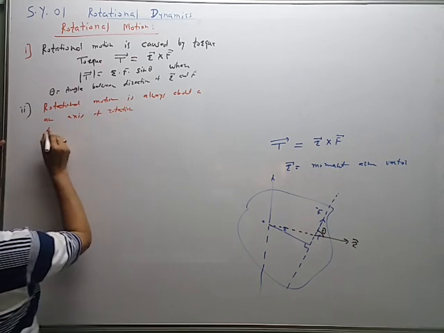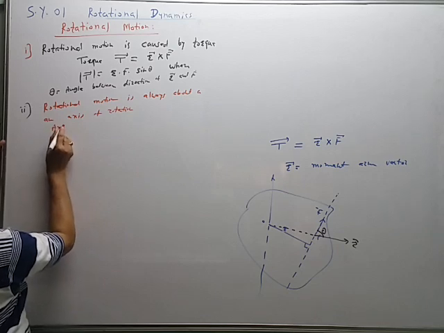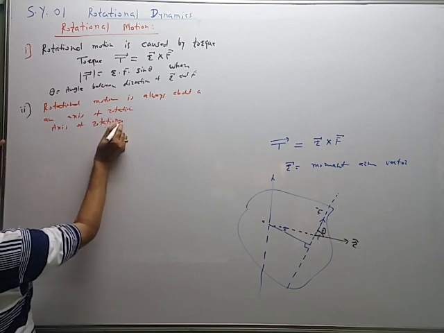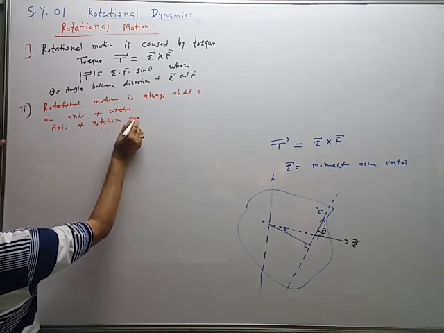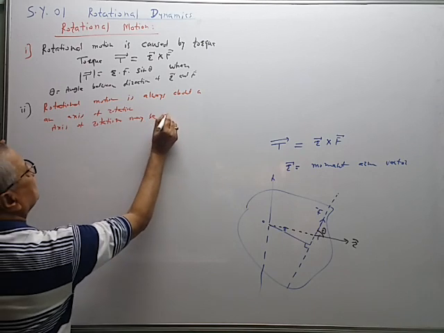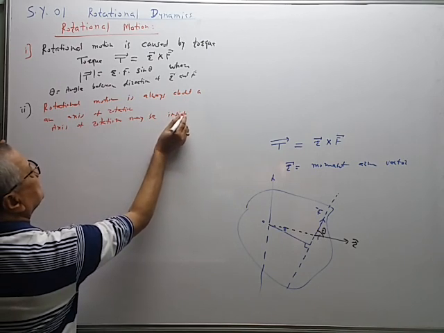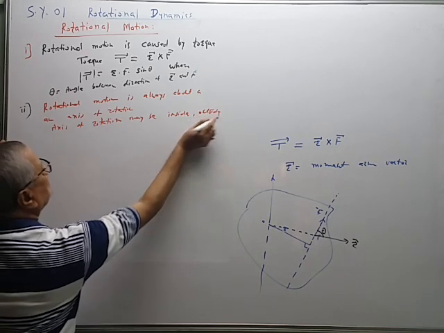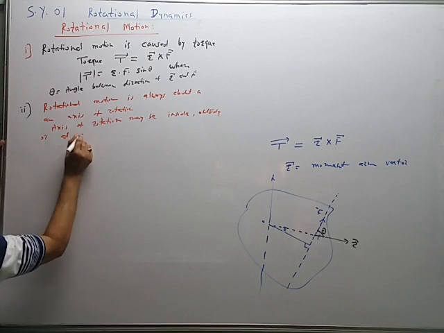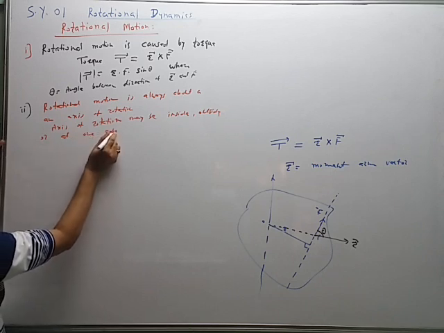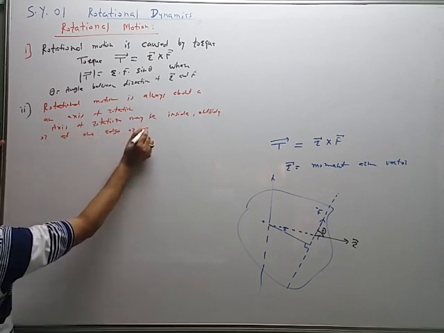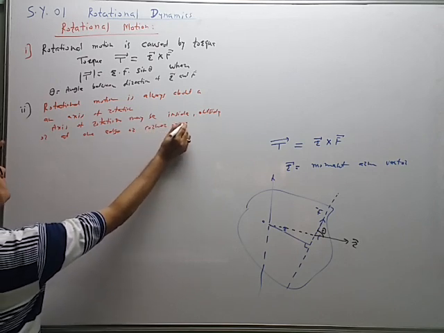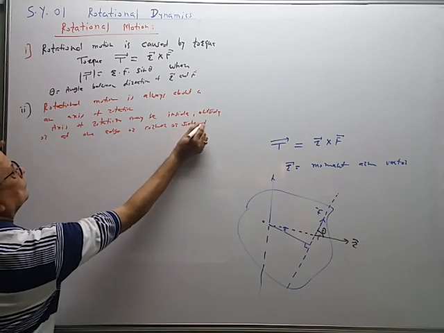The axis of rotation may be inside the body, outside the body, or at one edge or corner or side of the body.